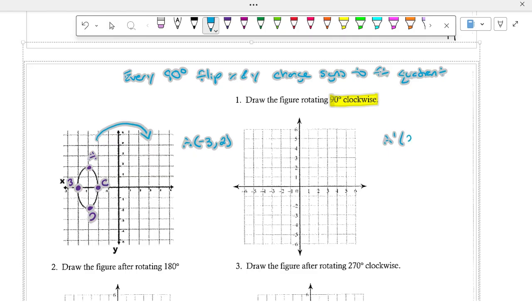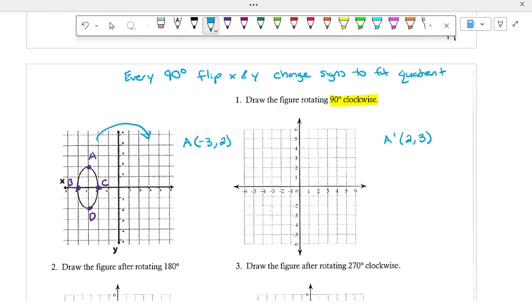So this would be 2, 3. So 2, 3 is where A prime will be. Now, both B and C are on the x-axis. If we rotate 90 degrees, where would they end up? If a point is on an axis and I rotate 90 degrees, where will it end up?